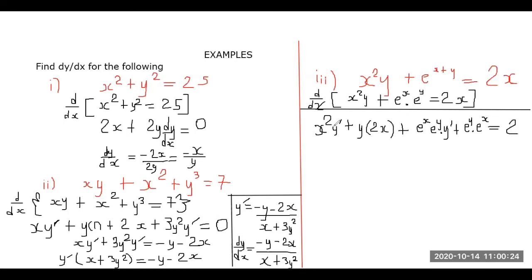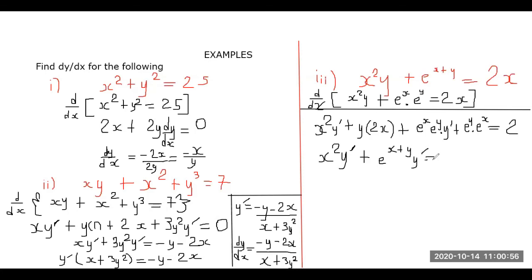And so now, the second step is to make y prime the subject. So anything with y prime, we'll keep it on the left. Everything else we bring to the right. And so what we're getting clearly then is that x squared y prime, plus right here becomes e to the x plus y times y prime.